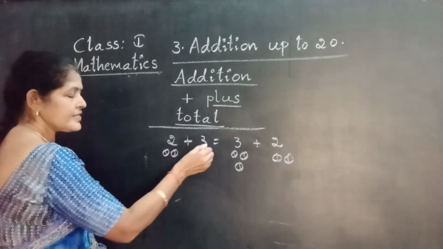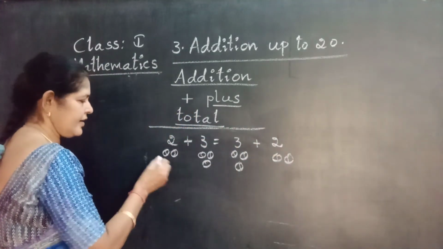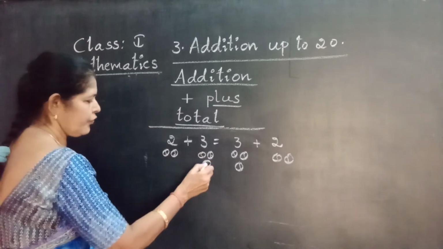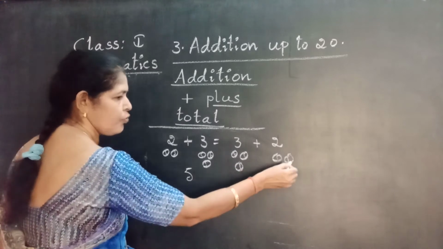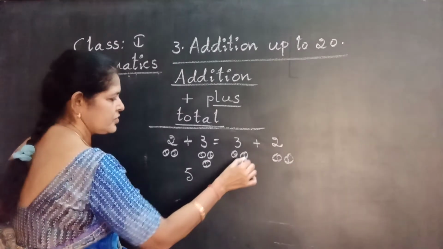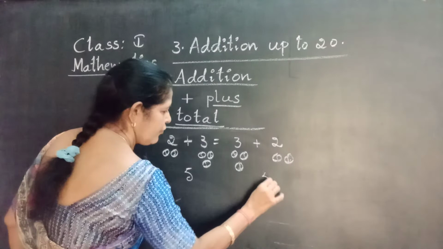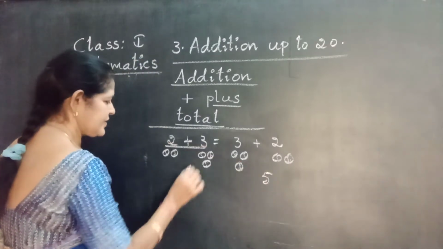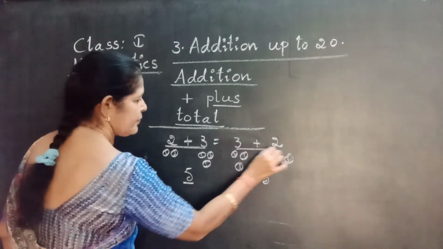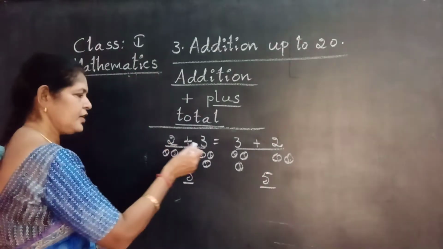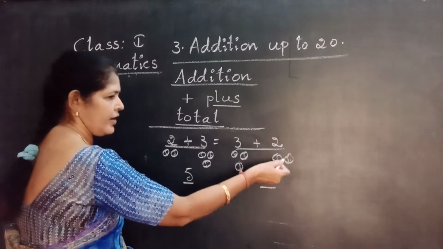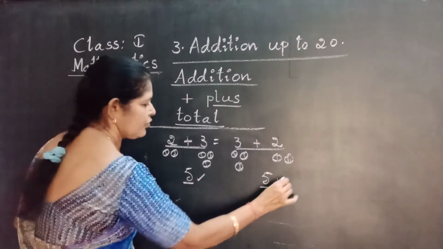Count together. 1, 2, 3, 4, 5. Again 3 bars, 2 bars, count together. 1, 2, 3, 4, 5. We get both 2 plus 3 equal to 5, 3 plus 2 equal to 5. That means when we add any two numbers in any order, we get the same total.